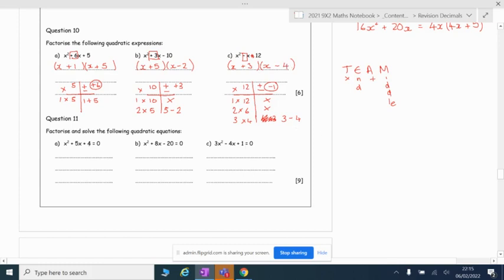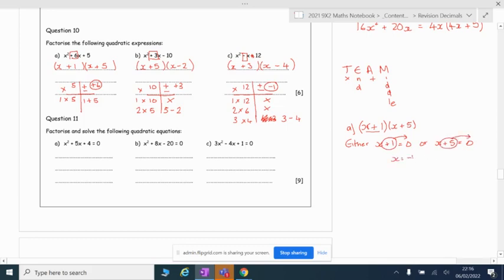Now, you can try A and B down here in a minute. I just want you to look at A again. If in the exam they ask you to then solve, then your answer to A, which was x plus 1 and x plus 5, you will need to write either the first bracket equals 0, or the second bracket equals 0, and swap that over the magic bridge so that the sign becomes the opposite of what it was in the bracket.